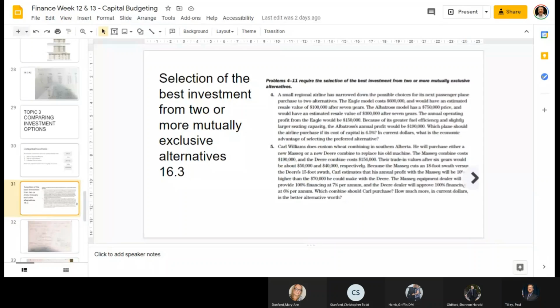We looked at how do we figure out which one to buy based on a measure of the present value of how much money we had to spend on them and the present value of how much money they were going to generate. And effectively, we made a decision based on which one provided the greatest return. So that was completed there the other day.